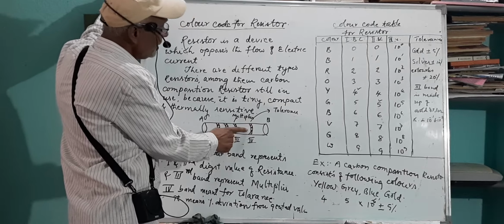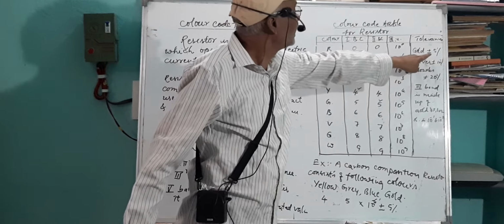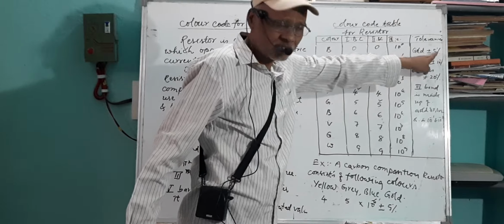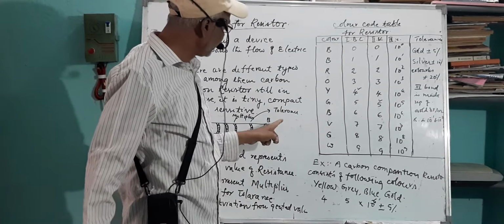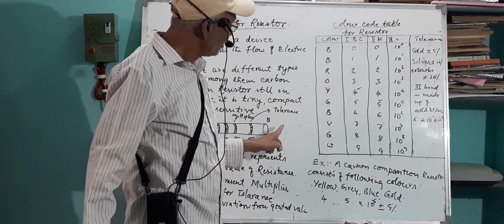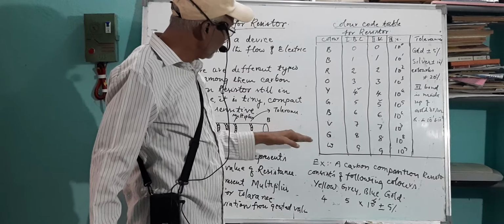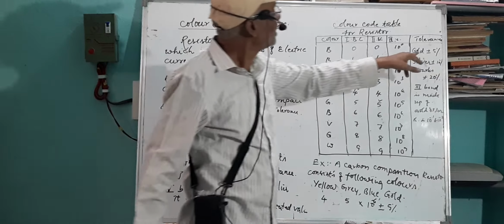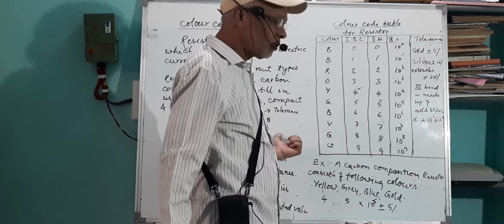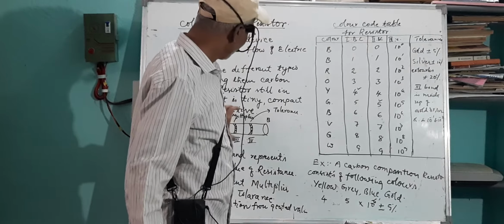From this table, the percentage deviation tolerance value is plus or minus 5%. I mean you have to take 5% of 6000. So this is the minimum value and the maximum value. Get it? That is 5% variation from the standard quoted value of 6000. So this is the range of this resistance you will get.